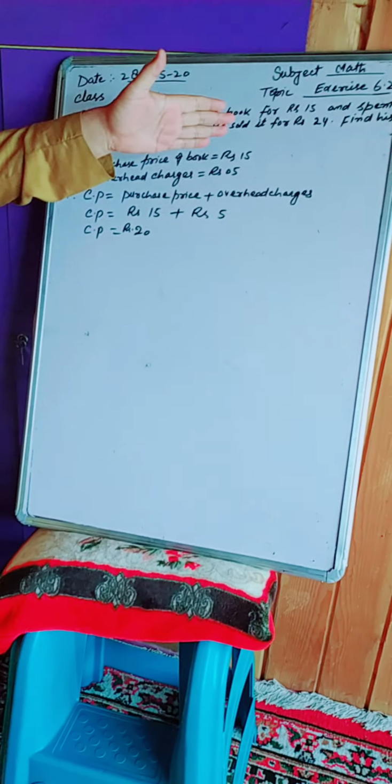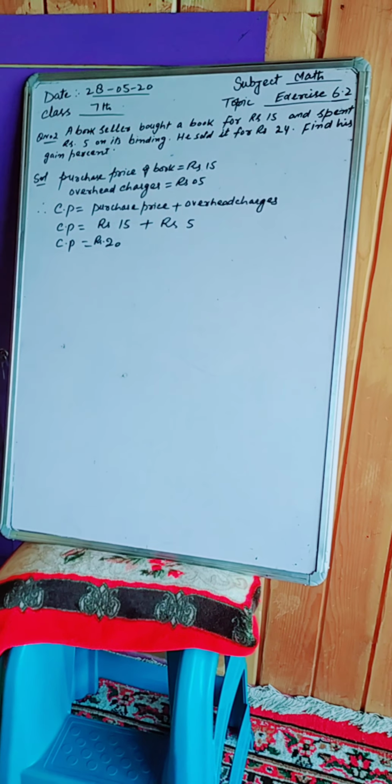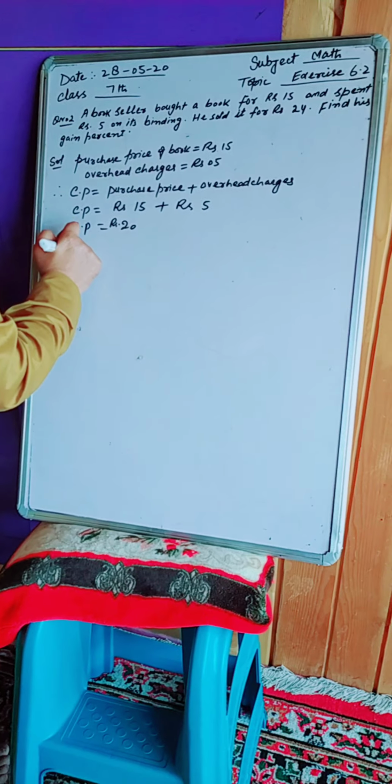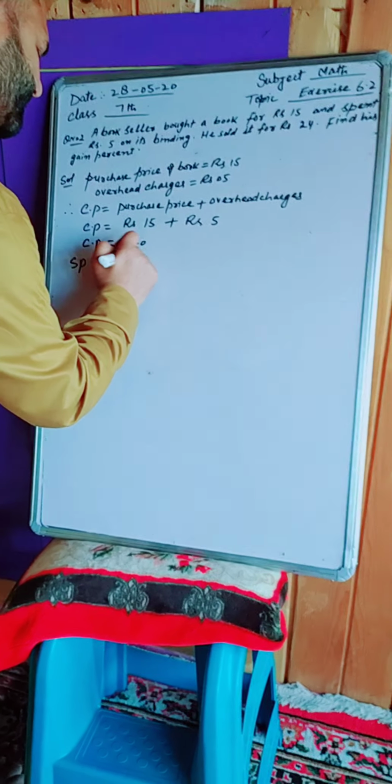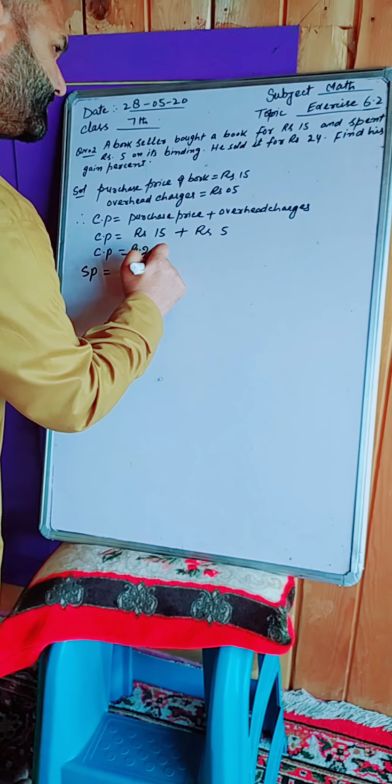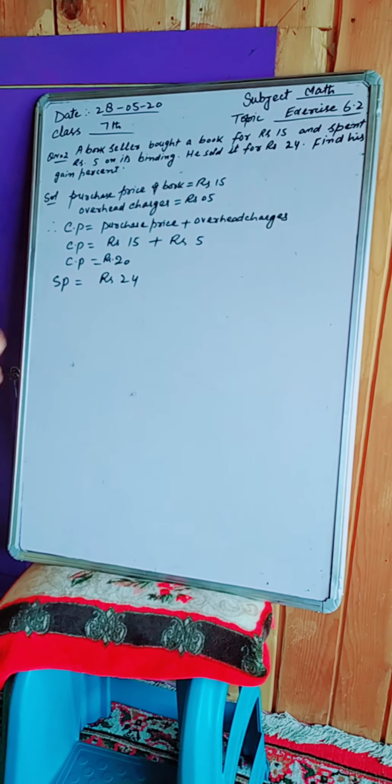Then he sold this book for Rs 24. That is called SP. SP is equal to Rs 24. So how much profit did he gain?